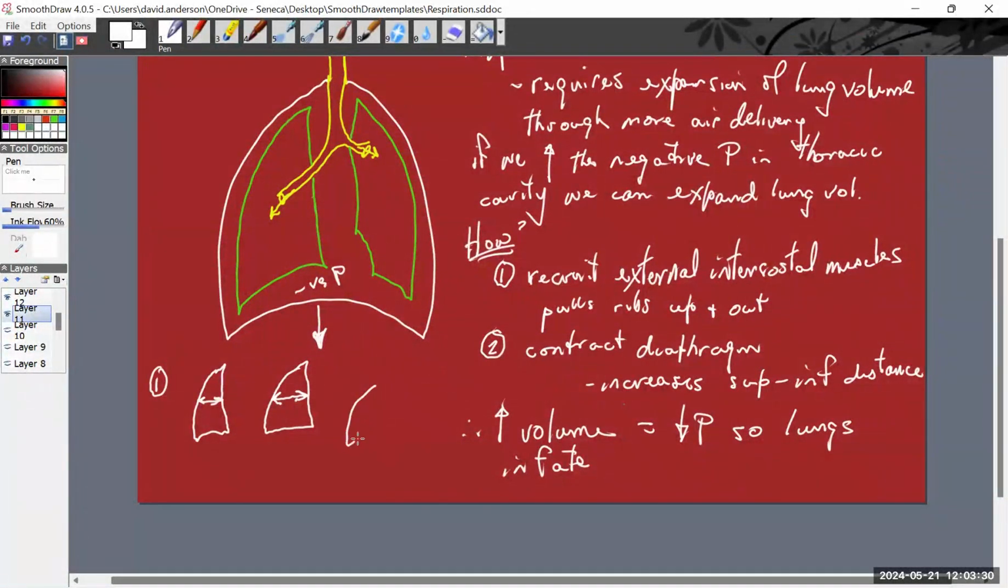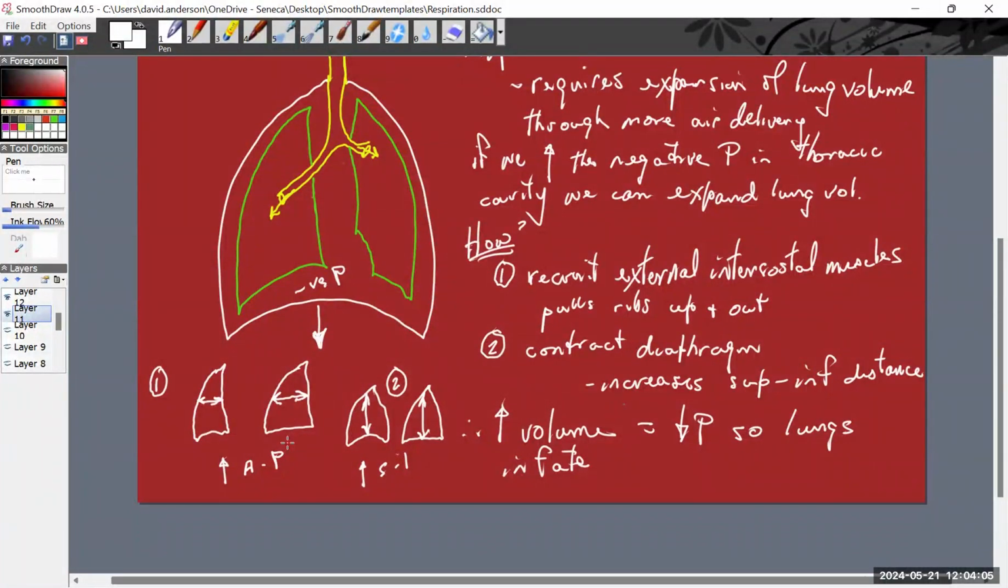When we see that in the anterior posterior view, this distance is increased when the diaphragm flattens. So we've increased superior inferior, we've increased anterior posterior distances, which means we've overall increased more volume.